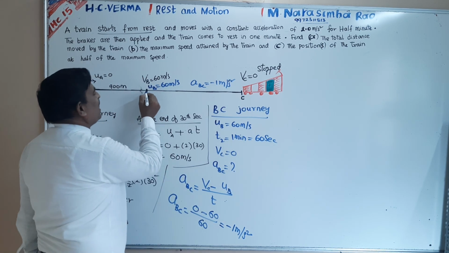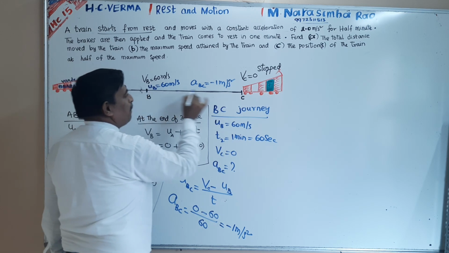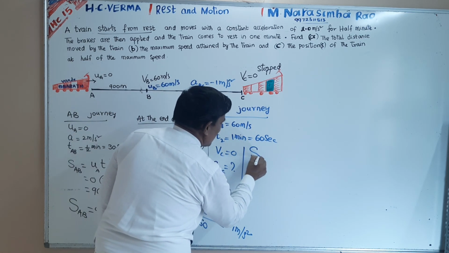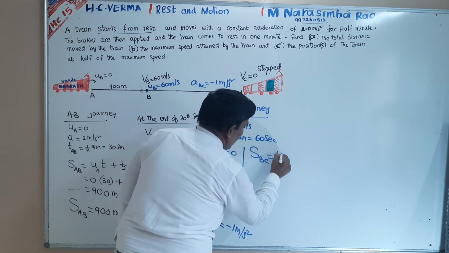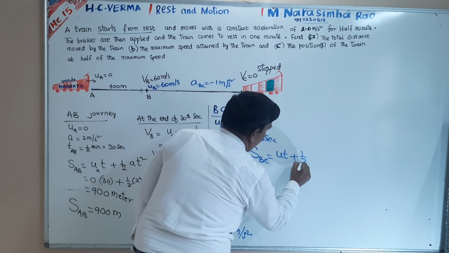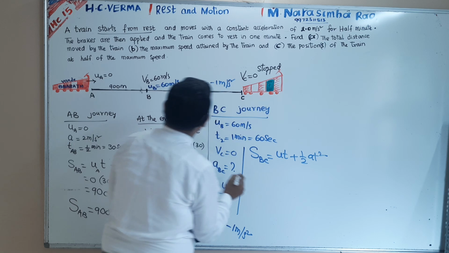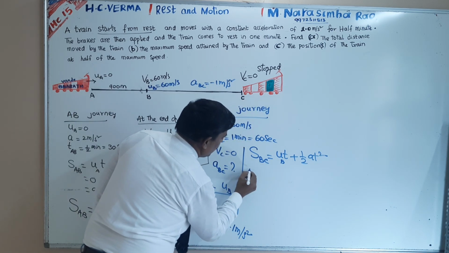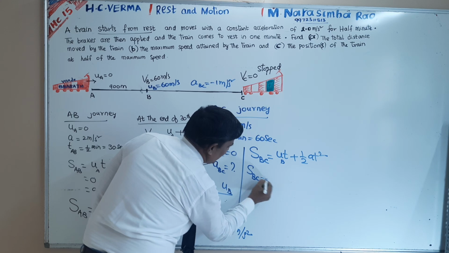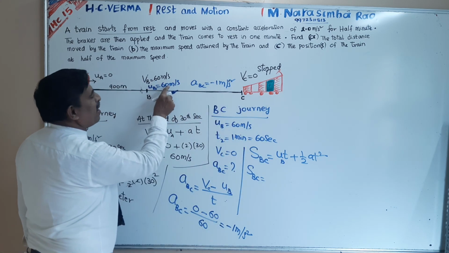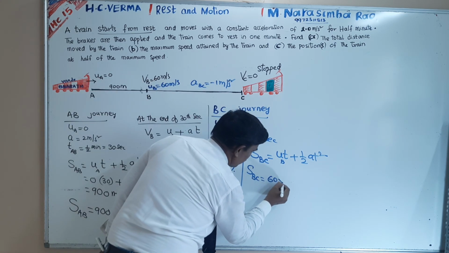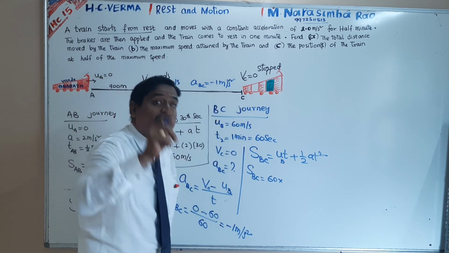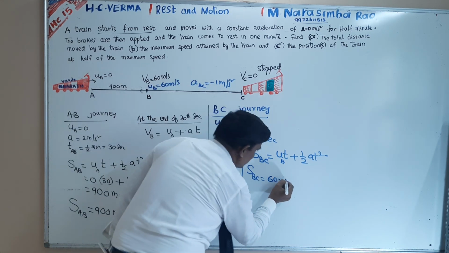Now, I am finding the distance between B and C. Distance is UT plus half AT square. Initial velocity at B is 60. Time from B to C is 1 minute, that is 60 seconds.